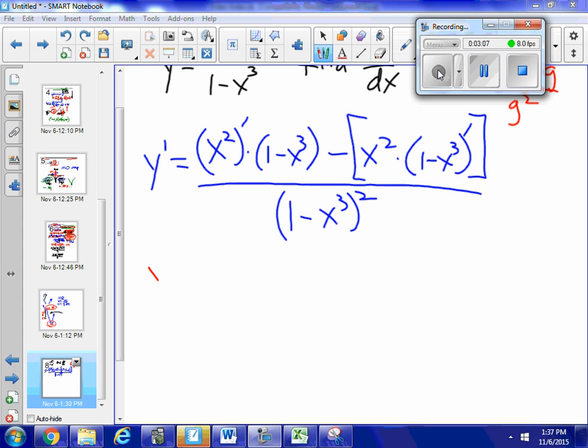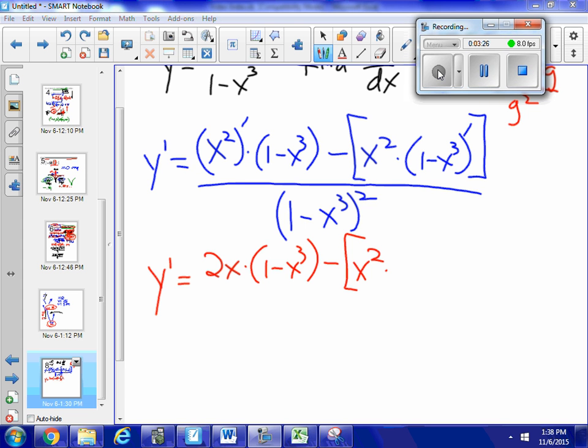So to work on this a little bit, my y prime is equal to the derivative of x squared, which is 2x, times 1 minus x cubed, that didn't change, minus x squared times the derivative of this.